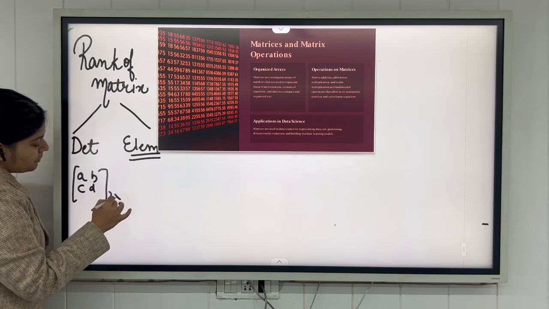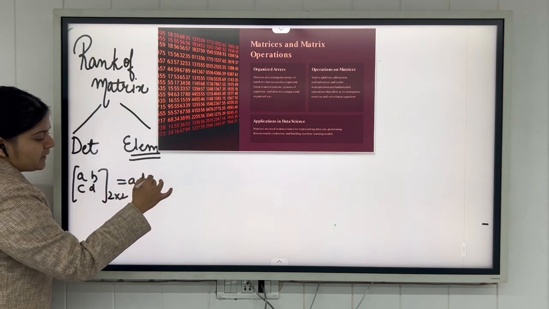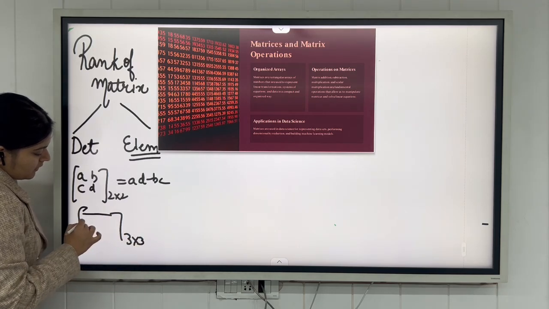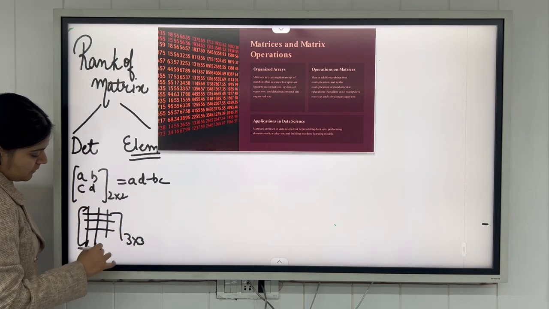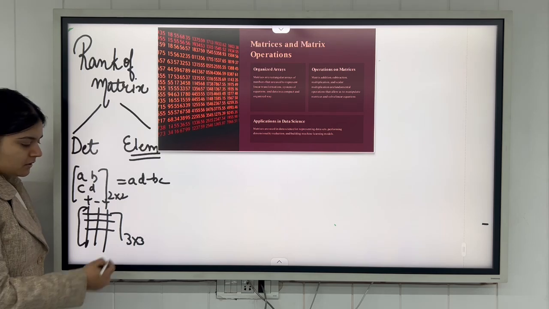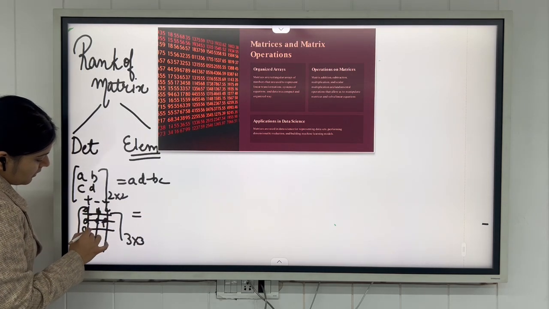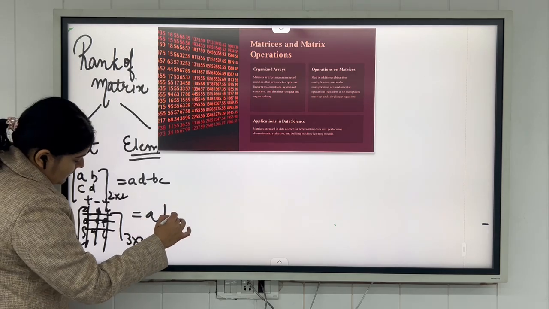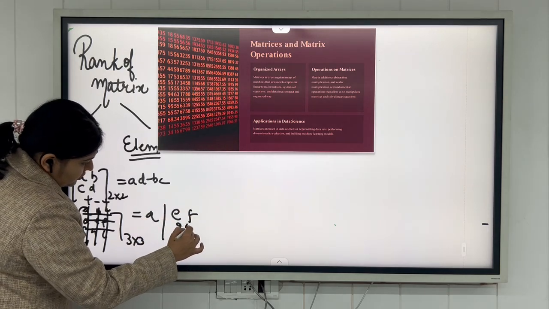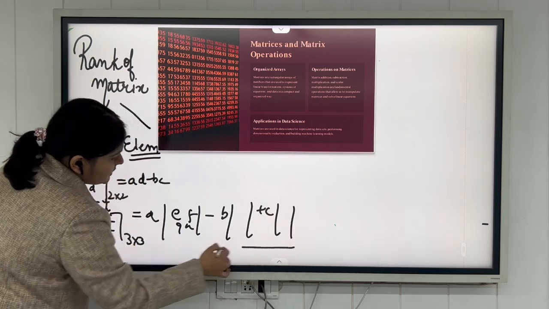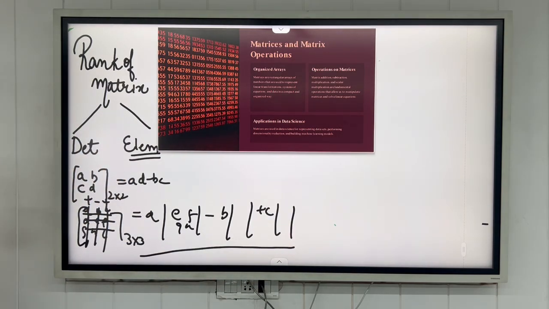For the 2 cross 2 case, it is AD minus BC. For the 3 cross 3 case, you have 3 rows and 3 columns, and you apply the traditional method: A times (E, F, G, H) minus B, similarly plus C, like this. So this is the traditional method, which you might already be aware of.